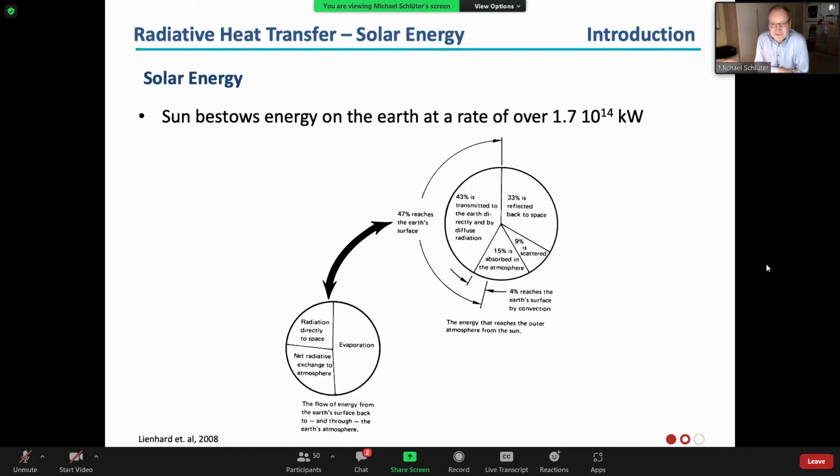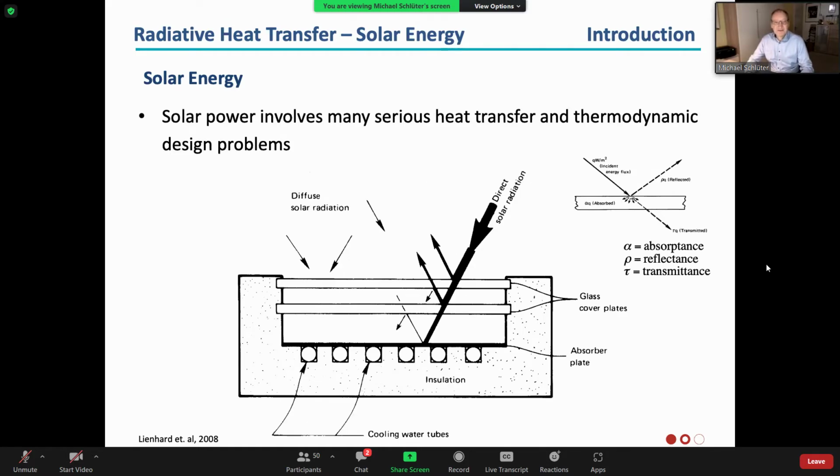So even if we have a cloudy day, a lot of heat enters into these solar collectors, and can heat up your heating system at home, because even though it looks like low energy, the diffuse radiation is extremely strong. So this is why these collectors are designed in such a way.